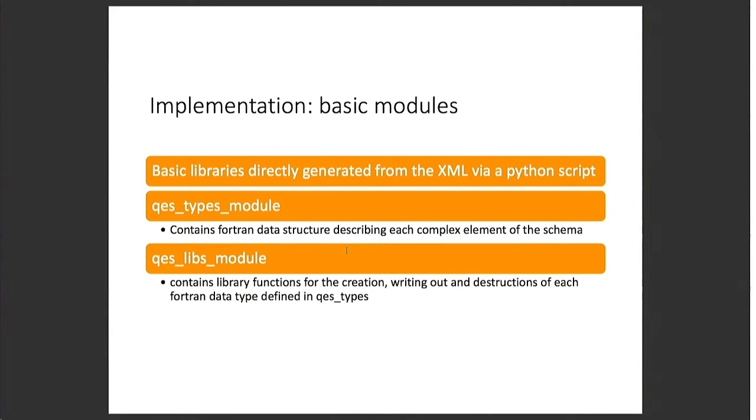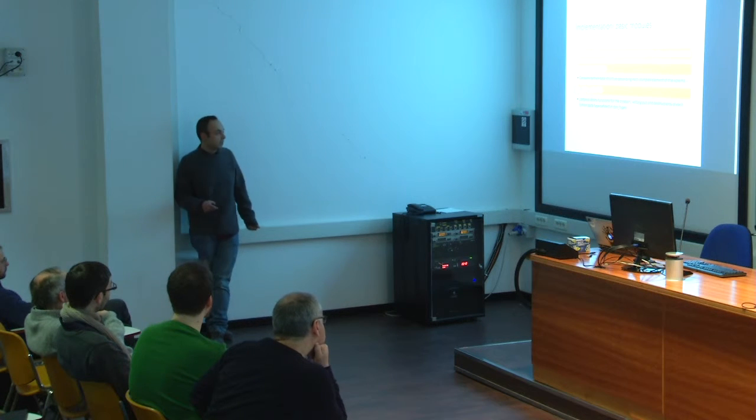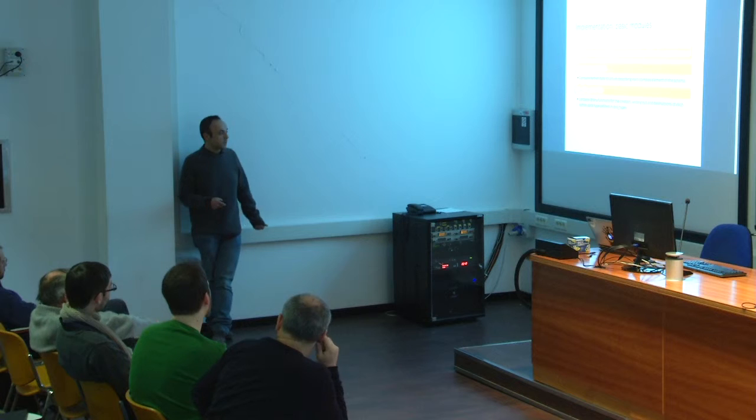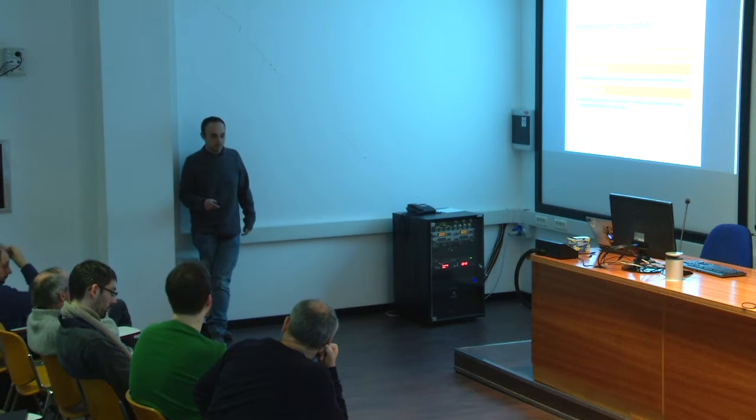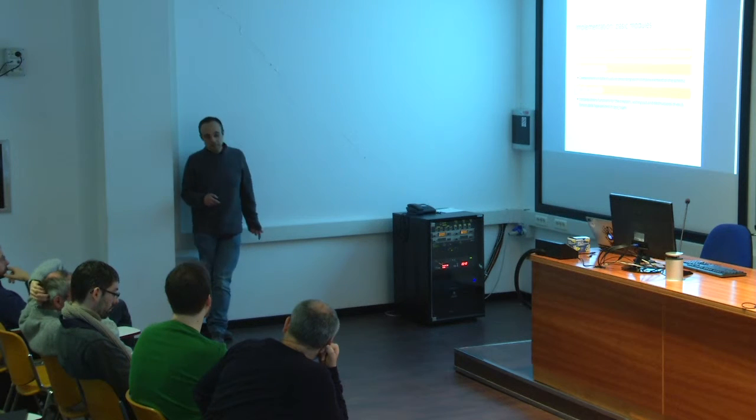The implementation consists of various parts. The basic libraries are called the qes types module and the qes libs module. The qes types module contains important data structures, each of which describes the elements that are present in the schema. For each one of these data structures, we have routines for creating, writing, and resetting these elements.